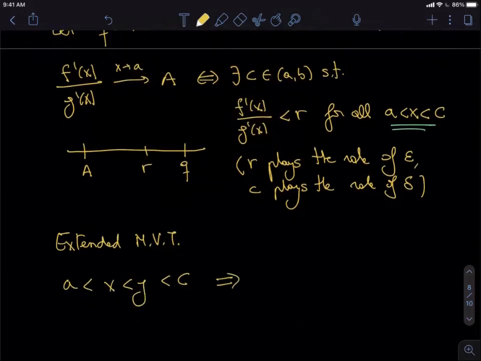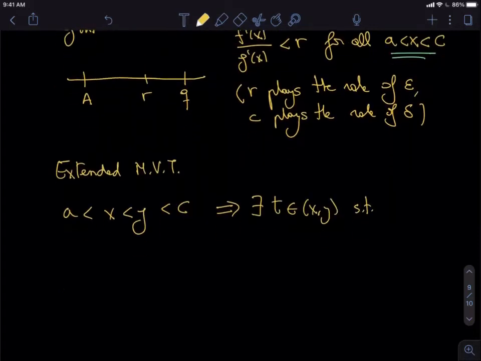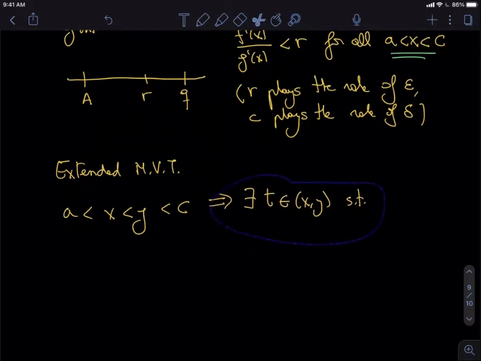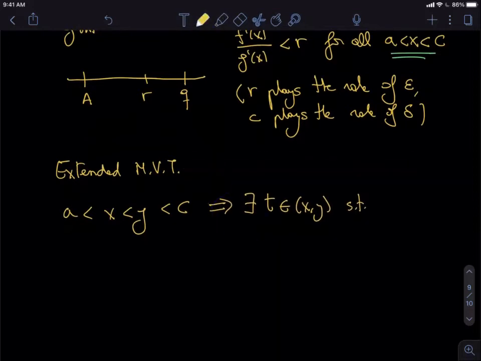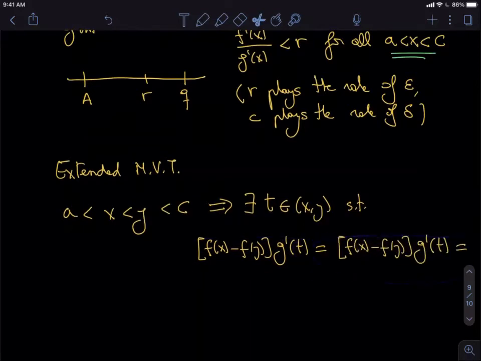And then the extended mean value theorem is going to say that there exists t in (x, y) such that, and here we just need to be careful, f of x minus f of y times g prime of t equals g of x minus g of y times f prime of t.